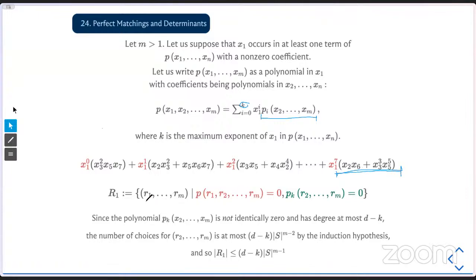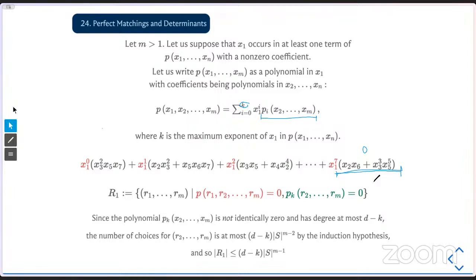So let's say that R1 through Rm is such that it sends P to 0, but if you look at the values of R2 through Rm, it sends this polynomial also to 0. We are looking at only such tuples for now, and I want to argue that this is bounded. This is bounded simply by induction. This is a smaller polynomial in terms of the number of variables because we have isolated x1, so I only have m minus 1 variables here.